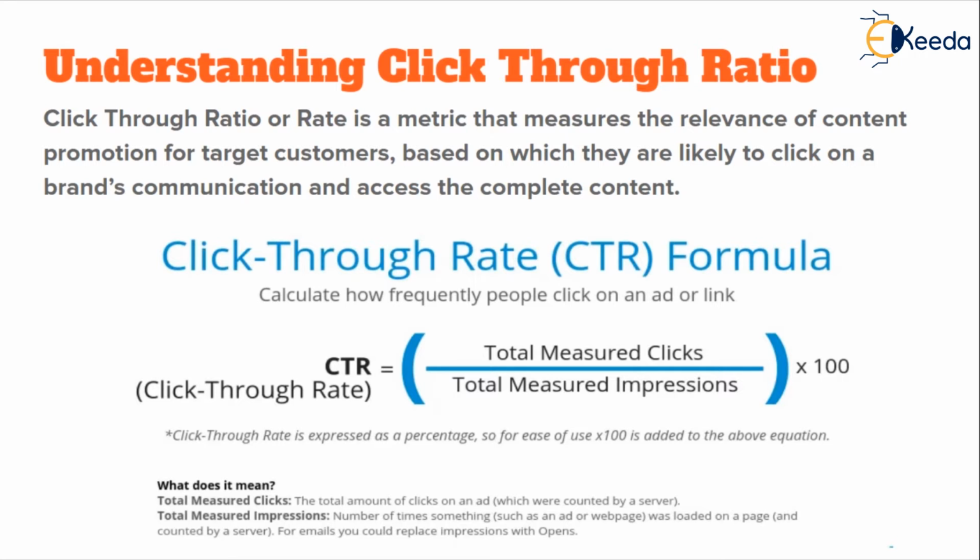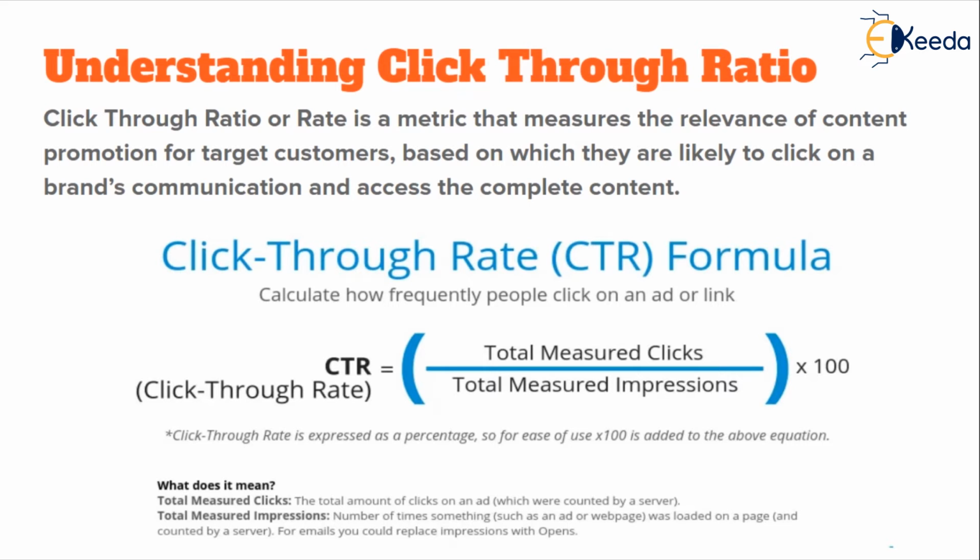So it is measured with a simple formula where you measure the total impressions generated for your ad, for your promotional content. Then you measure the total number of clicks that happened for that promotional campaign or content, and you multiply that by 100.